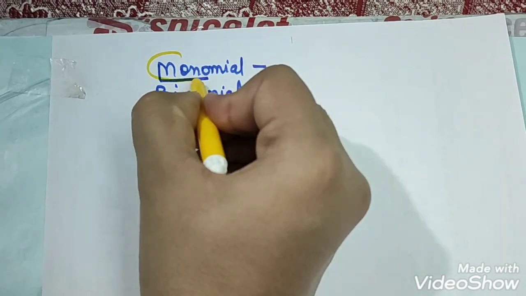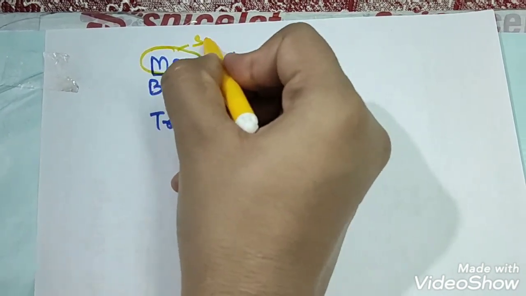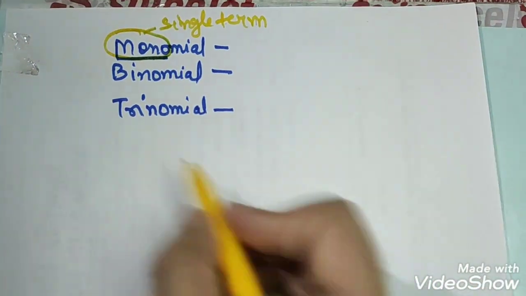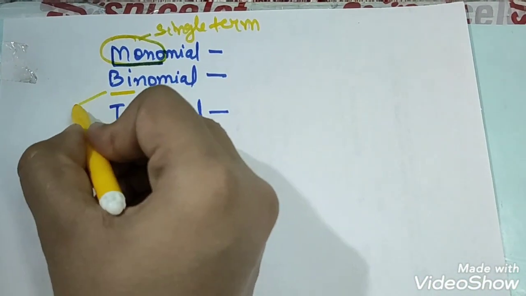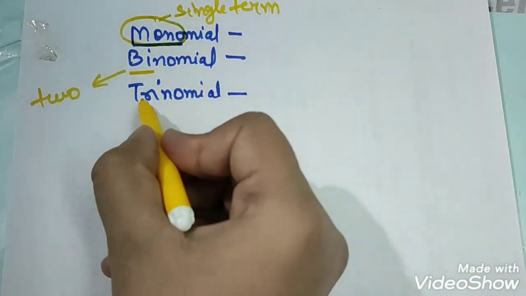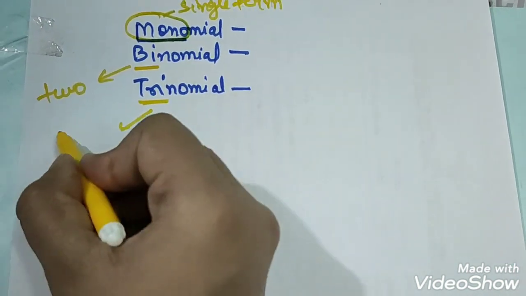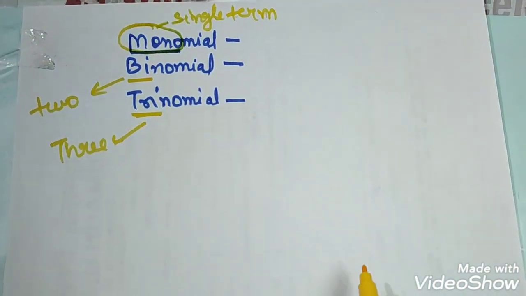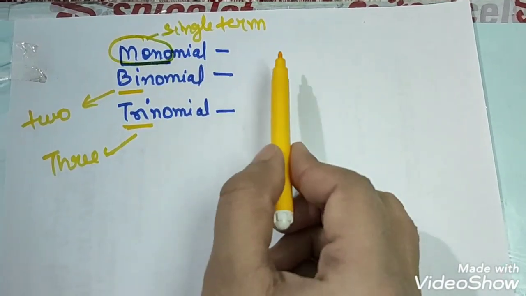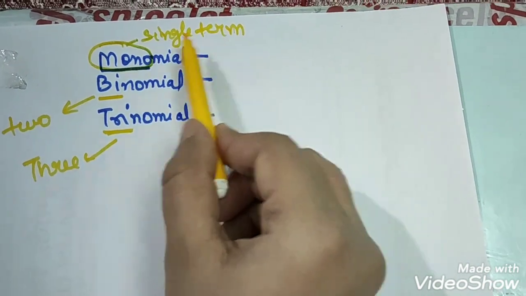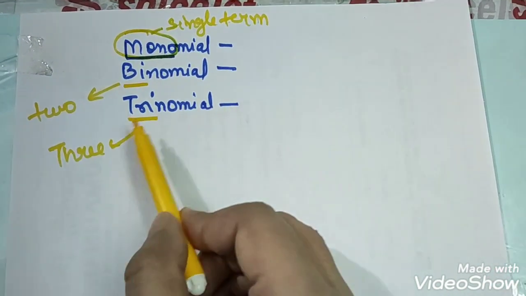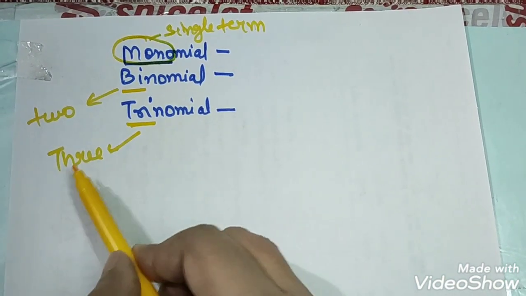Mono means only one term, a single term. Bi means two terms. And tri means three terms. So a monomial is an expression where there is only a single term, a binomial includes two terms, and a trinomial includes three terms.